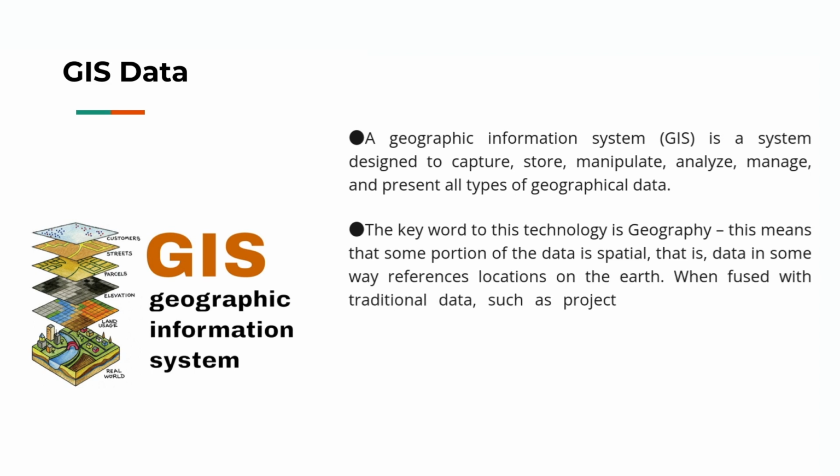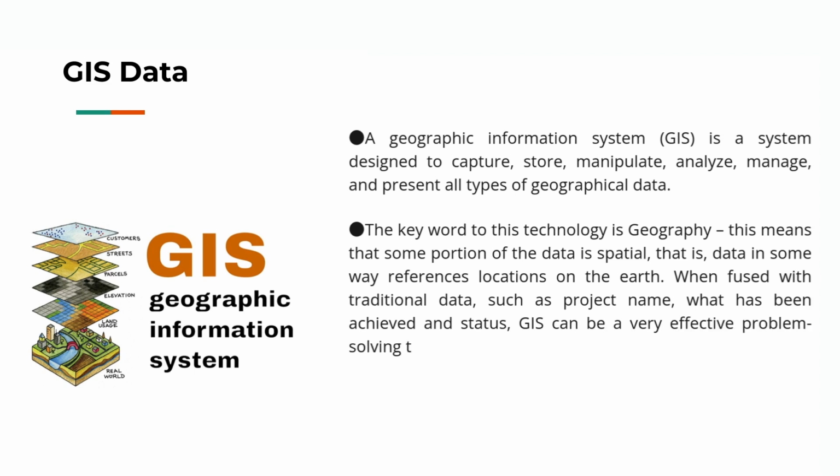The key word here to note is geography or geographical, which means that some portion of this data is spatial, which makes it geospatial data. And so in that way, this type of data will have reference locations for different areas or different locations on the earth.